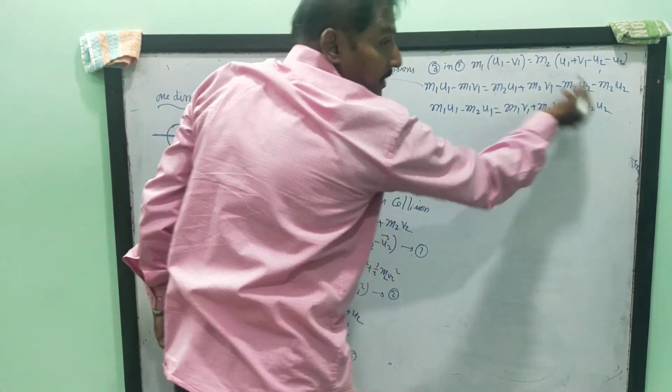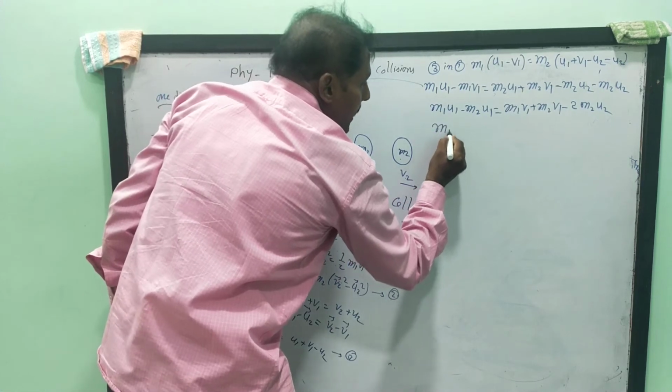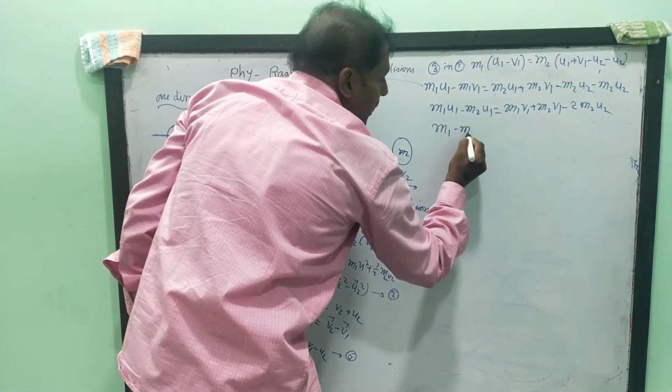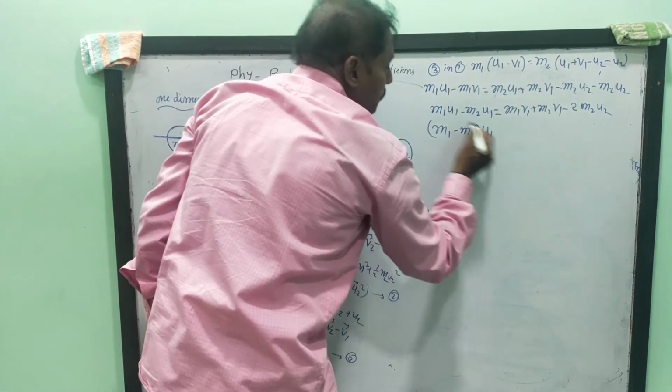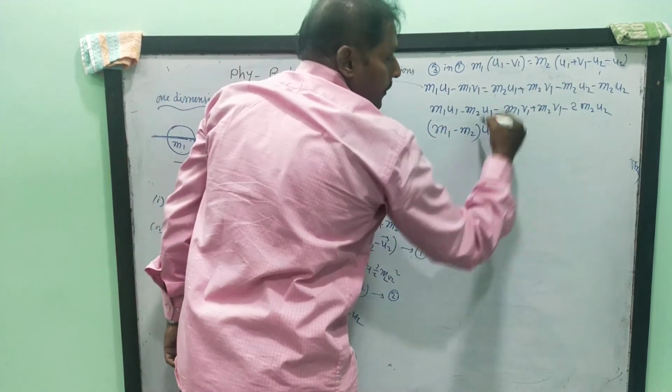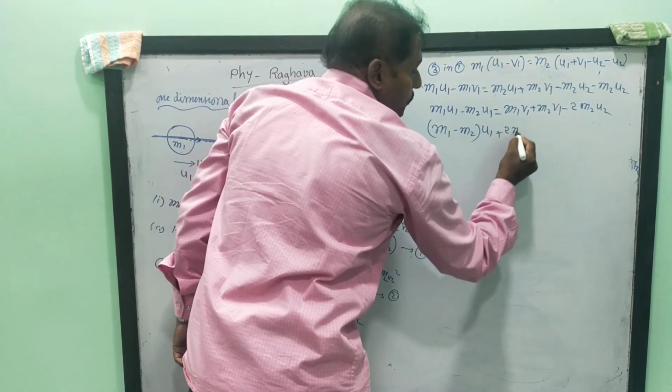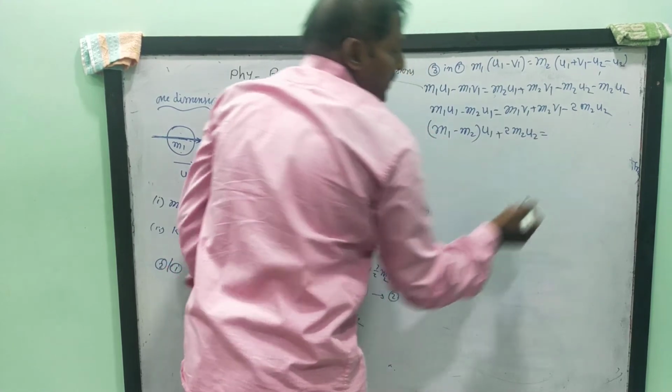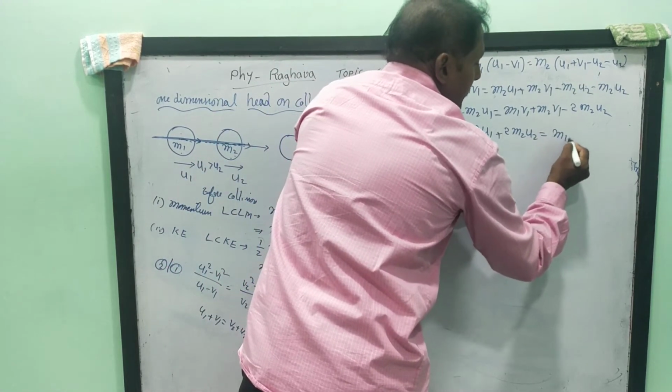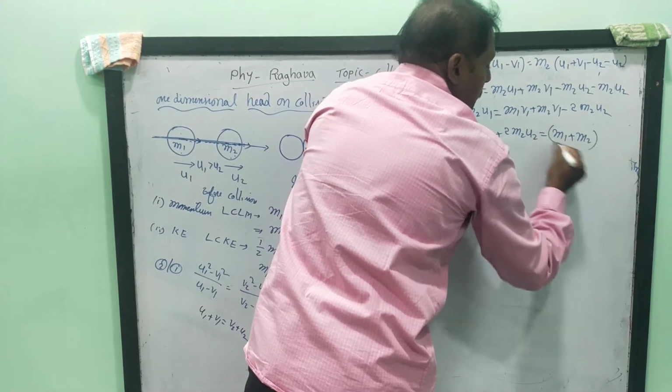So simply we can bring this as (m1 minus m2) into u1 plus 2m2u2 is equal to (m1 plus m2) into v1.